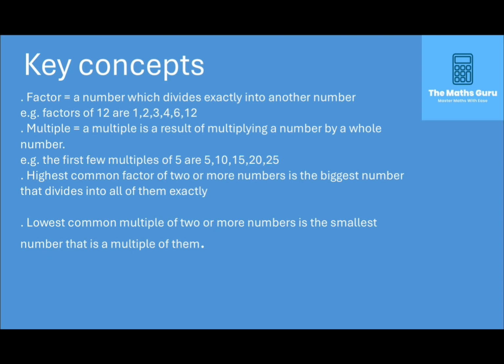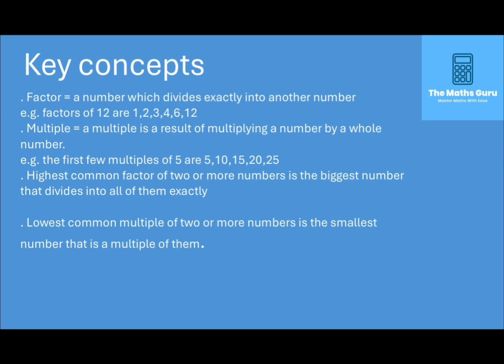A multiple is the result of multiplying a number by a whole number. The first few multiples of 5 are 5, 10, 15, 20, 25. For 6 it would be 6, 12, 18, etc.